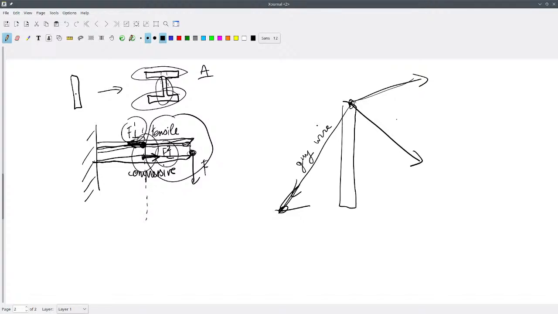So the problem here is really a three-dimensional problem, because we've got a force here in the x direction, a force in the y direction. If this is the z direction, vertically upward, then this force will be towards the ground, but it will also have some components in the x and the y direction.